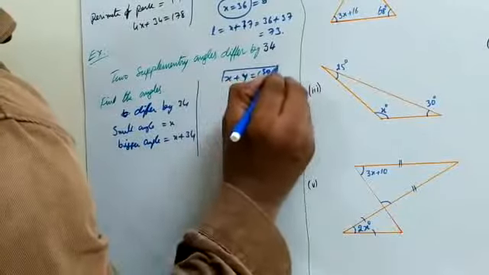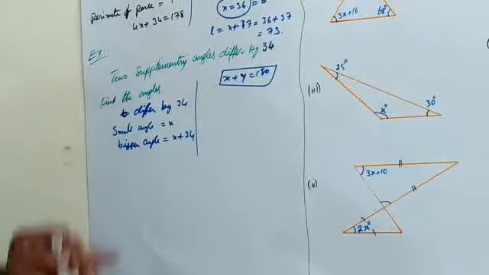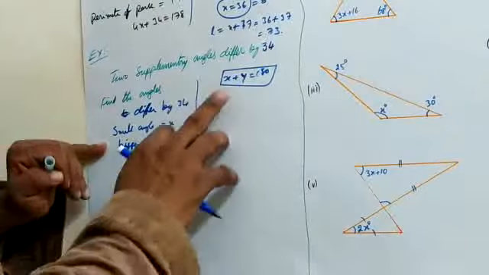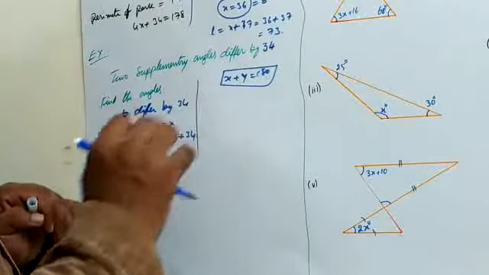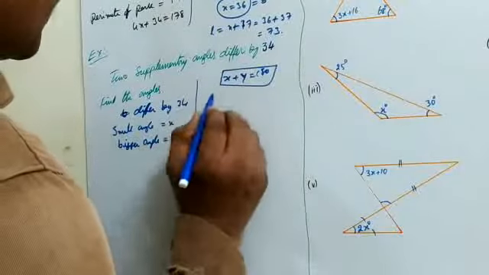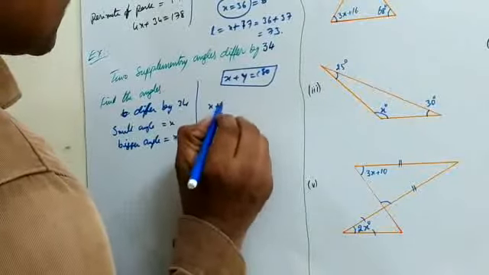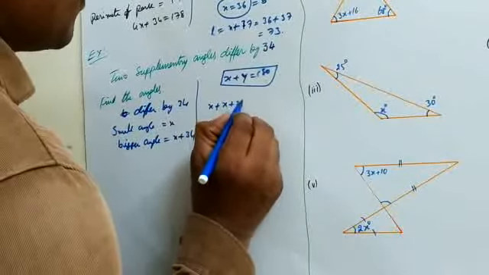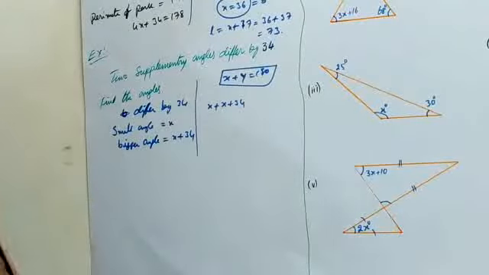So small angle plus big angle is equal to 180. Small angle x plus big angle x plus 34.